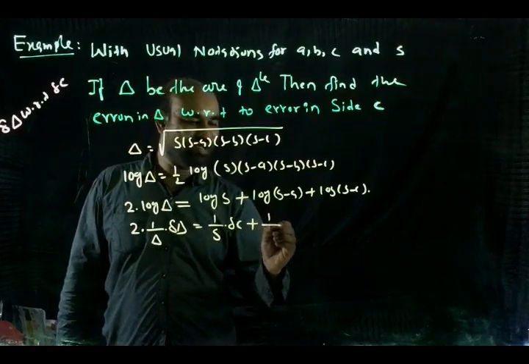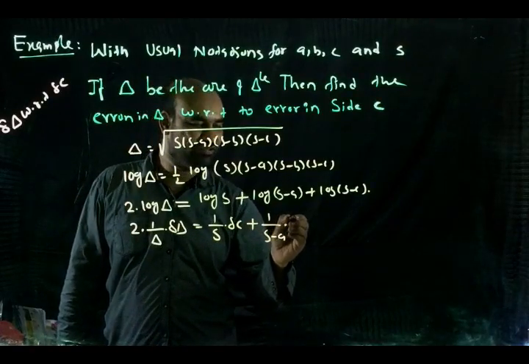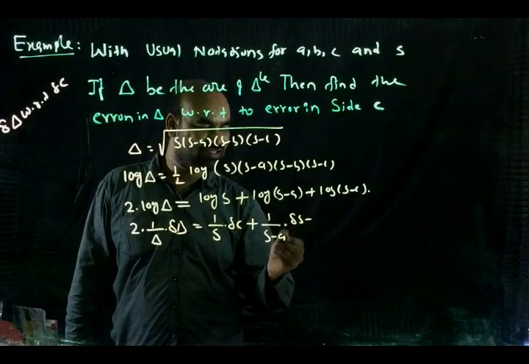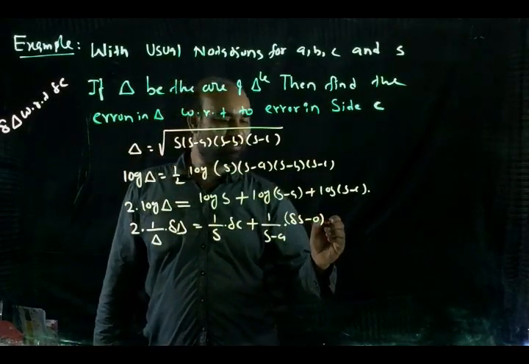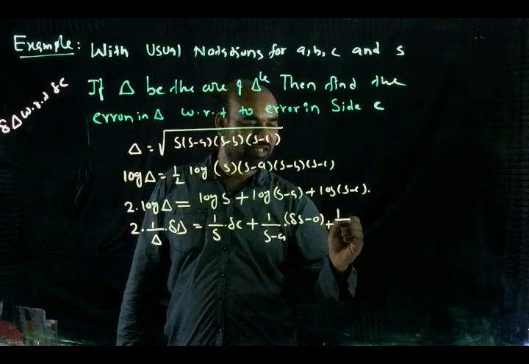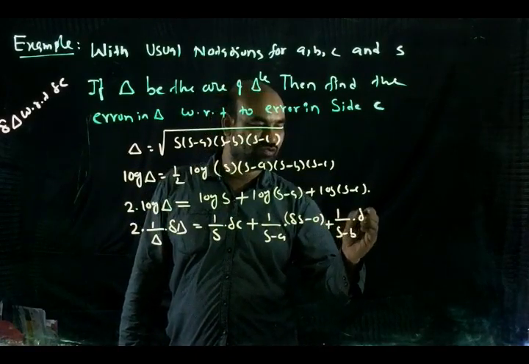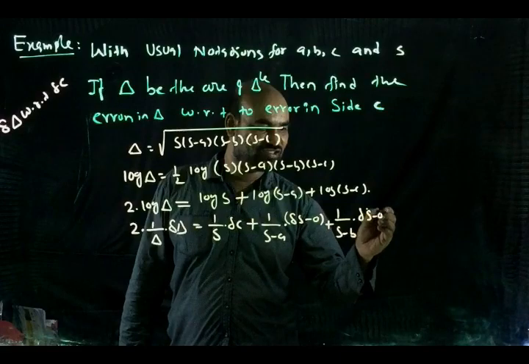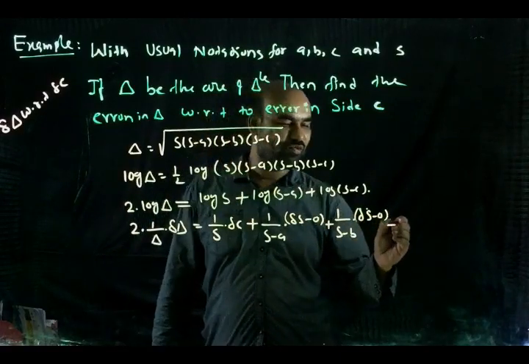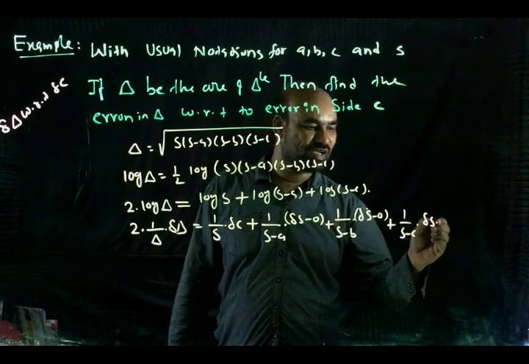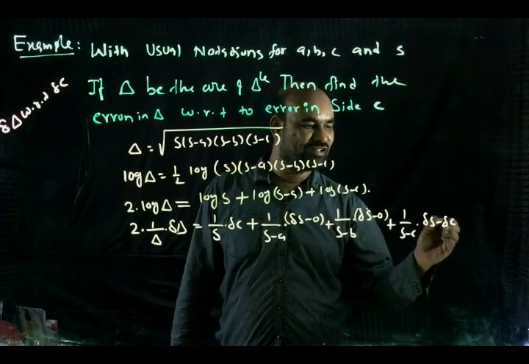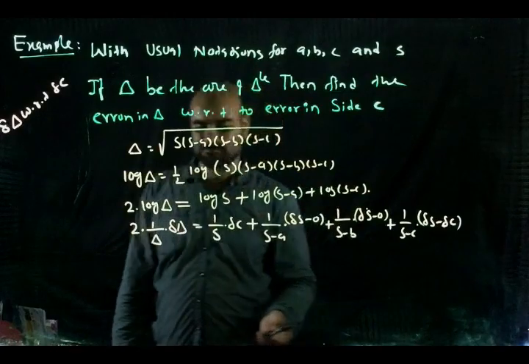plus 1 by S minus A into delta S minus 0 because A is constant here. So plus 1 by S minus B into delta S minus 0 plus 1 by S minus C into delta S minus delta C because C is varying here.